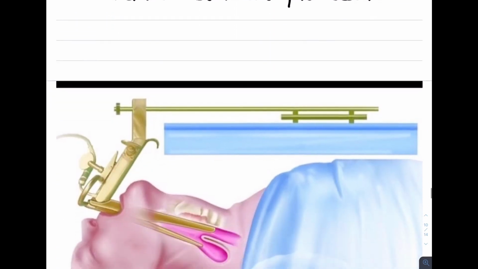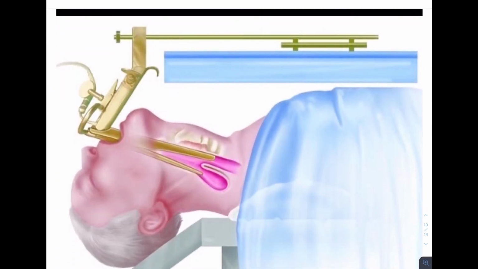If they ask you what is Dolman procedure, you have to say it's an endoscopic procedure in which two limbs of the endoscope are placed differentially. One limb is placed in the esophagus, another in the diverticulum, and a staple is applied in between so that there is an anastomosis between the two different tubes.